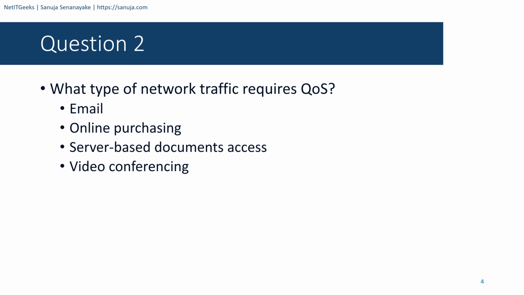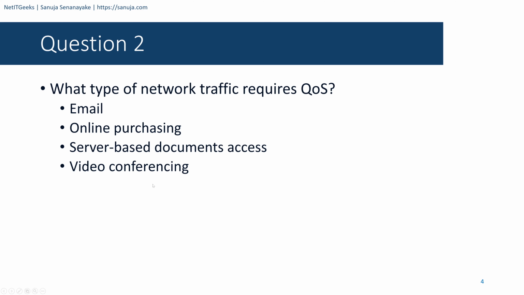Recall from your CCNA 1 lectures that QoS is not necessarily needed for things that don't require a lot of data and bandwidth. That includes email, online purchasing or server-based document access, because those items don't require that much data throughput, bandwidth or network usage.